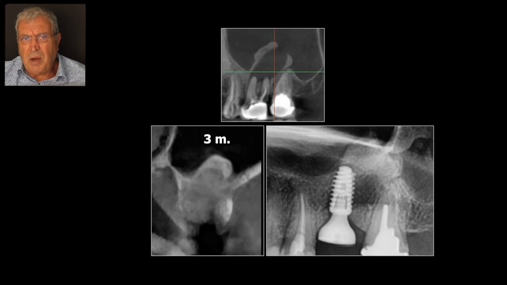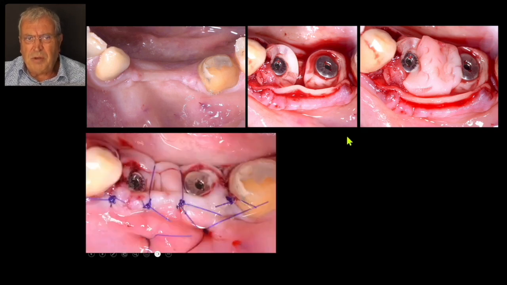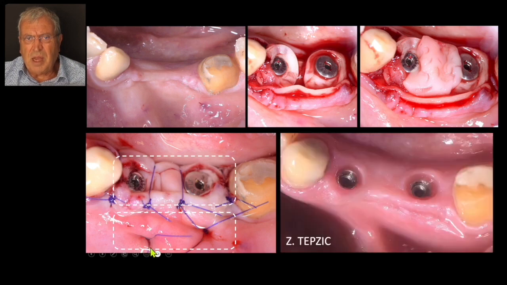And look at the amount of bone at the site. The soft tissue is not enough, no problem. We put the PRF and then we leave it open. But you see that the apical mattress suture is still mandatory. And then you can increase the band of keratinized tissue.